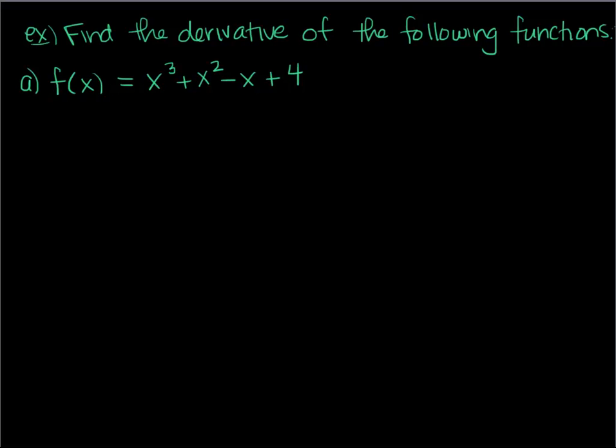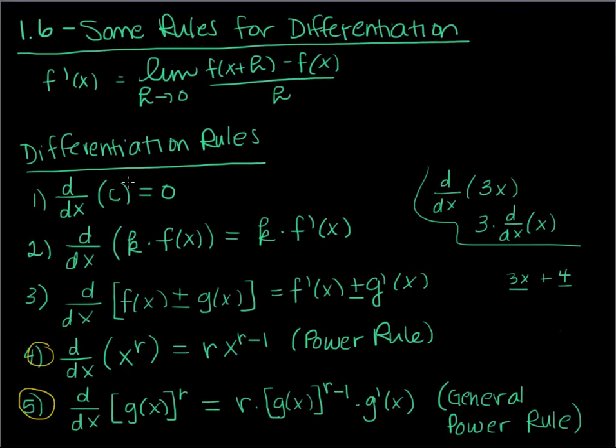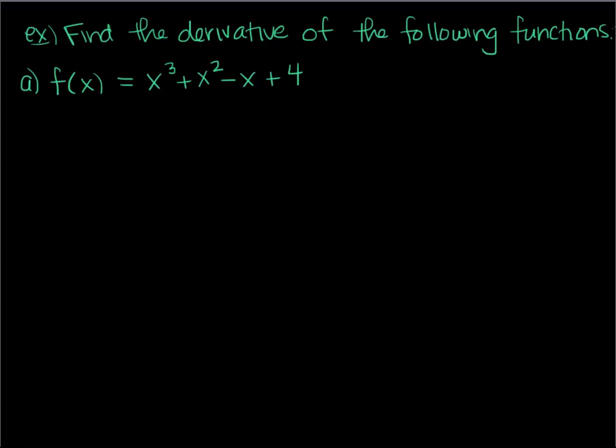Looking back at what we had here, what differentiation rules are we going to use? I definitely am going to use number 3, because I'm adding a bunch of functions together. I'm going to be using the constant rule because I have a constant at the end, and then 4. So I'm going to be using 1, 3, and 4 on this one.